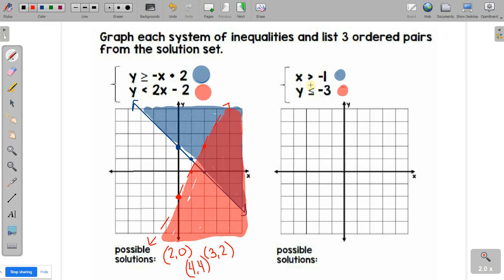And x equals a number, that's going to be a vertical line at the number, so at -1. And we have a dashed line here. Let's draw our line. It's going to be dashed.